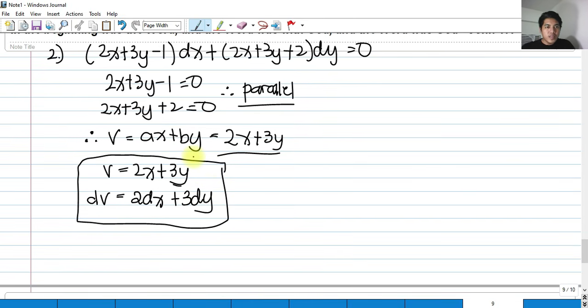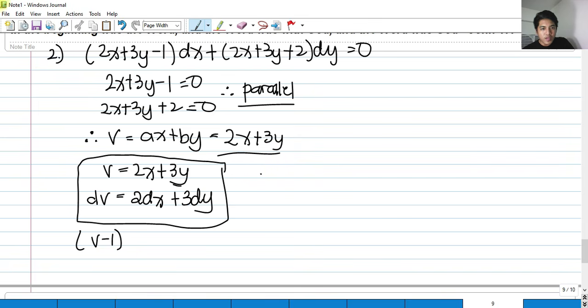What we are going to do next is simply substitute this value in our given differential equation. So 2x plus 3y would now become v, so this term becomes v minus 1, because 2x plus 3y is v. How about dx? We're going to get dx from our second equation.